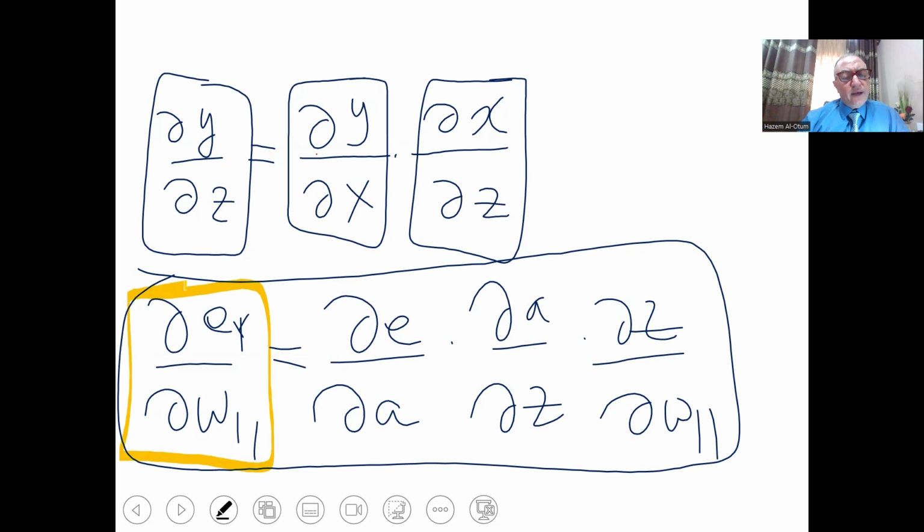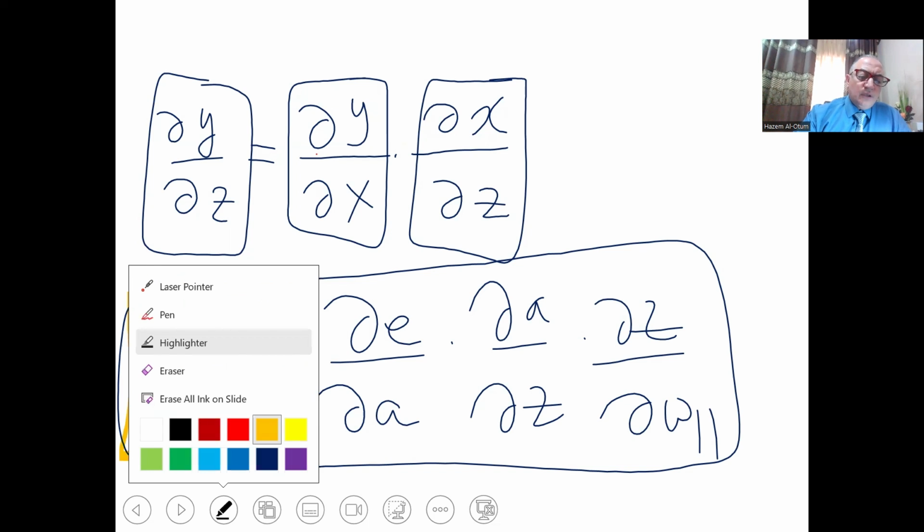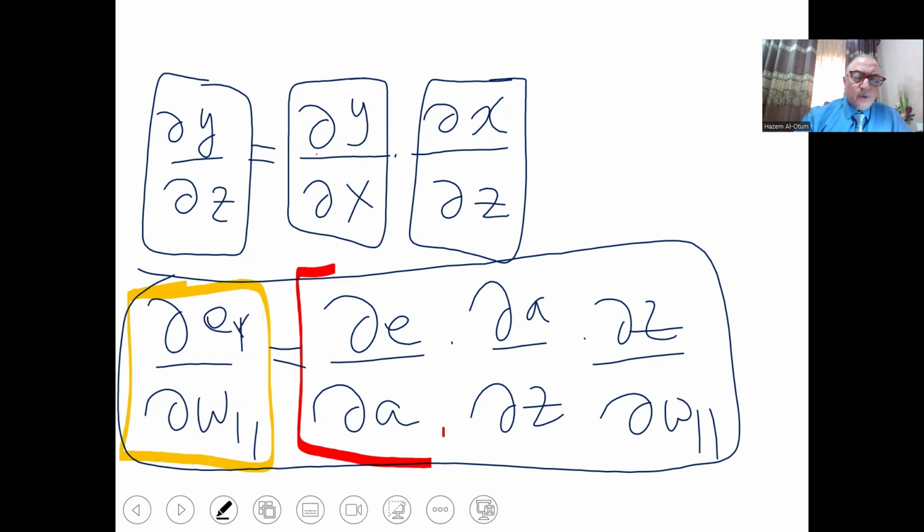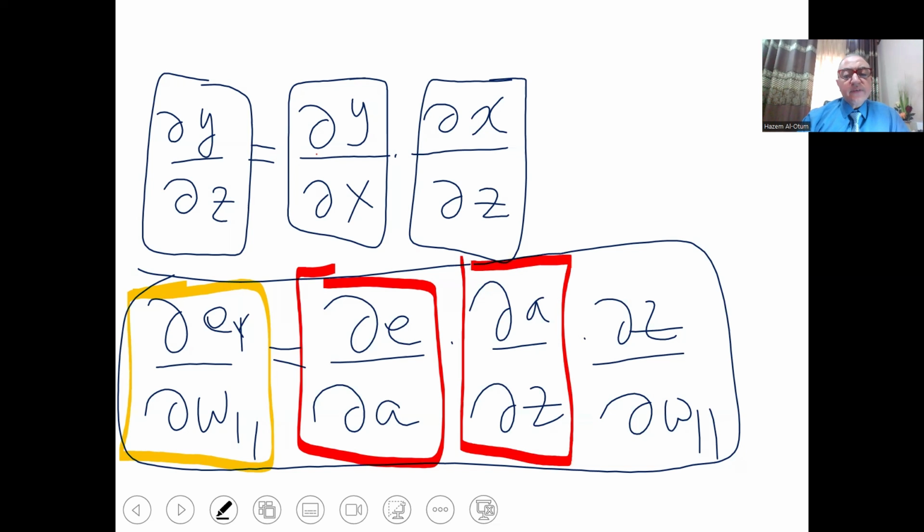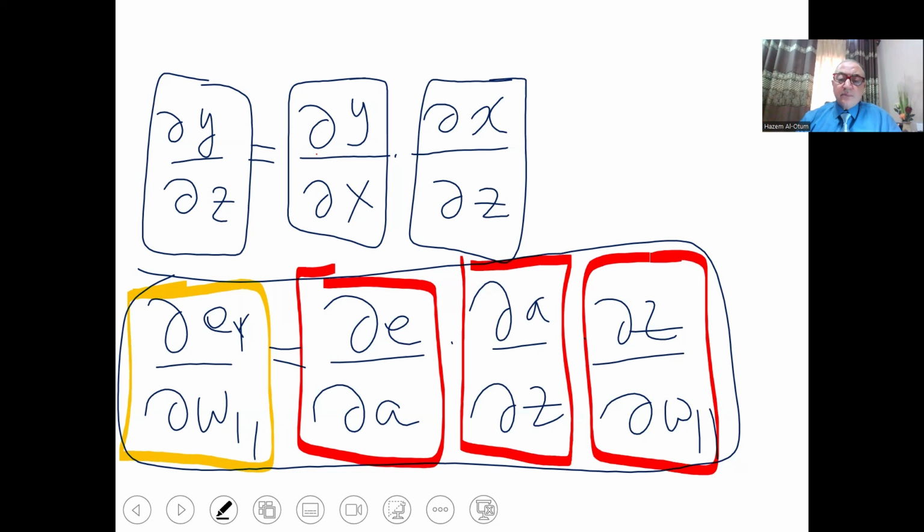So this is the case where we can find the rate of change in the error between the outputs, for simplicity for the first branch. It is equal to the multiplication, the dot product, of the error with respect to A, the activation function, the change in the activation function with respect to its input, which is Z, and the change of the summed input with respect to its parameters, in this case W. This is for W11.